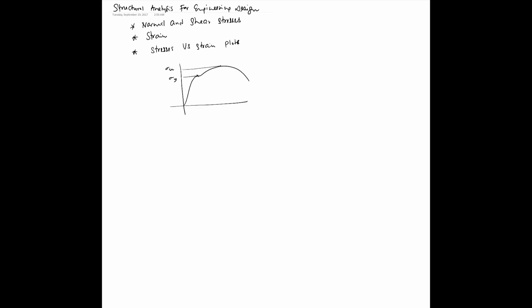So this is for the ductile material, that's sigma versus epsilon, ductile material. And then we also have sigma versus epsilon plot for brittle material, where basically we have a fracture, so there's no onset of yielding. So this is for the brittle materials.